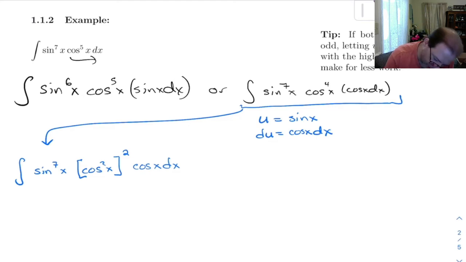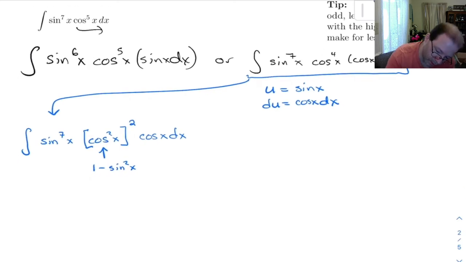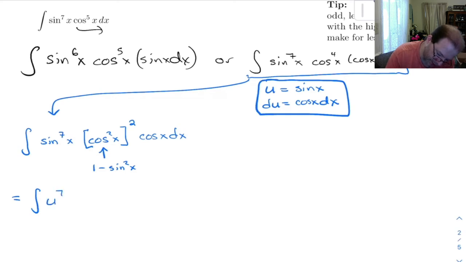Because now we can replace this guy here with 1 minus sine squared x. So I can rewrite this now as the integral of, my sines turn into u's, so I've got u to the 7th, this becomes 1 minus u squared, squared, and cosine x dx is just du.